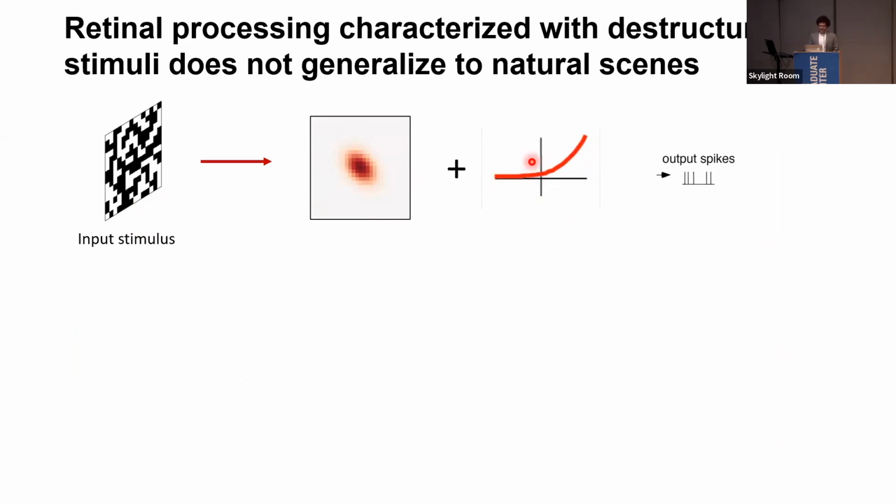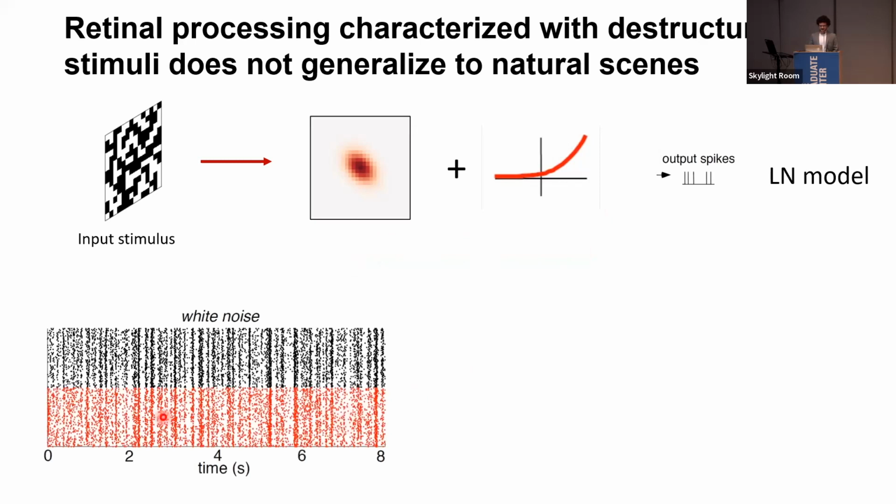People call this simple model LN, because it's composed of a linear and a nonlinear part. We can use it to predict, as here in red, the responses to the input stimulus, and then compare this with the black actual response of the retina. As you can see, for this white noise stimulus, this linear nonlinear model does pretty well.